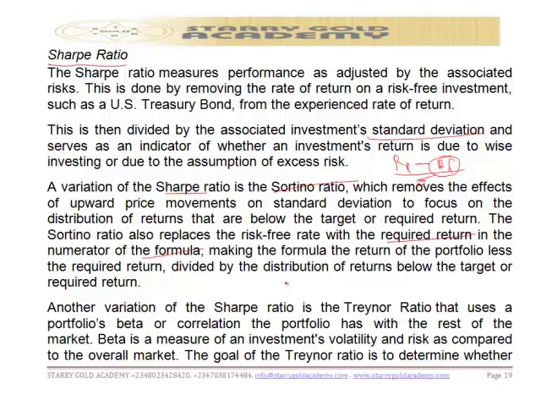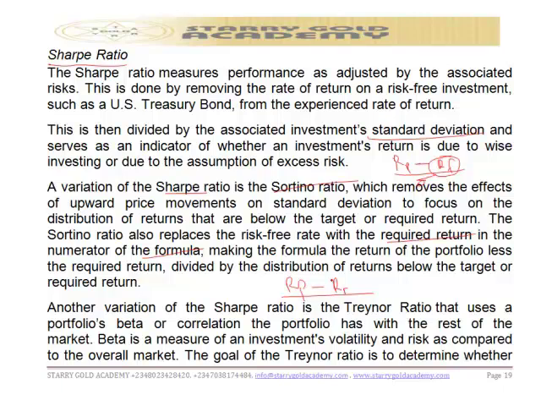So it will now be the return on portfolio minus the required return, divided by the deviation of returns below the target or required return. So the target, the required return, is the mean. Those ones that are below the mean are what the Sortino puts in the denominator. Let me come again.